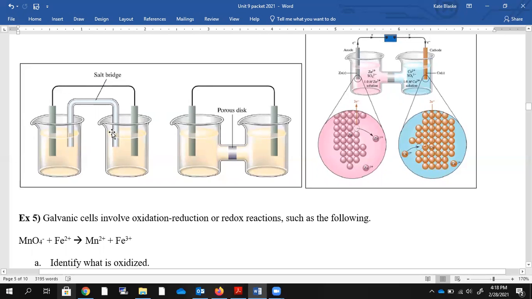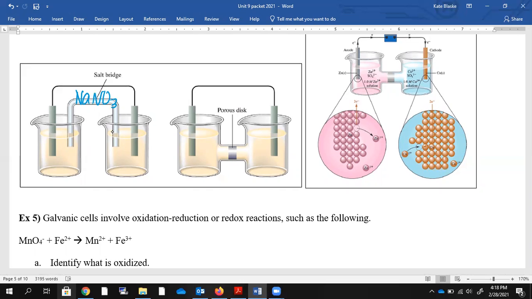In that salt bridge, we would place a neutral ionic solution. Sodium nitrate is really common, or potassium nitrate, because neither sodium nor nitrate or potassium will form precipitates with any other ionic substances. So we know that they're not going to influence what's going on.